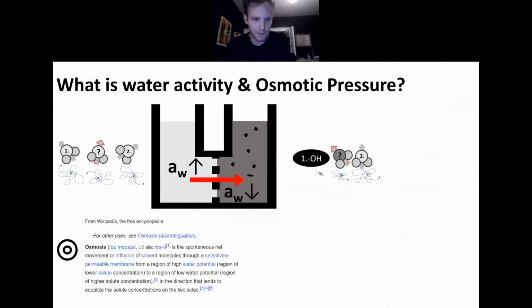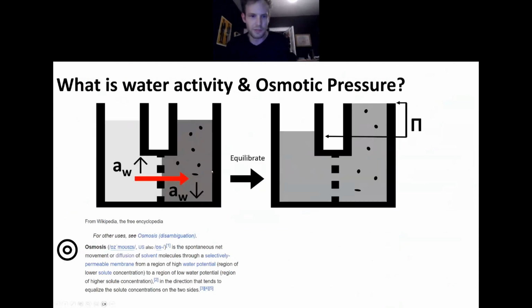So osmosis is the spontaneous net movement or diffusion of solvent molecules through a selectively permeable membrane from a region of high water potential to a region of lower water potential, in the direction that tends to equalize the solute concentrations on two sides. That's from Wikipedia to describe osmosis, which is what's happening here, where the water will then flow to the salty side to try and equilibrate concentration.